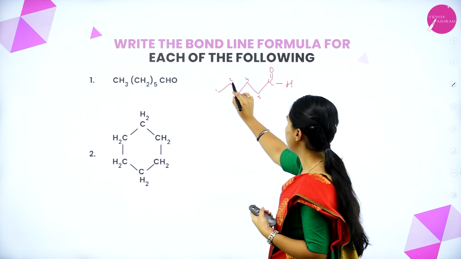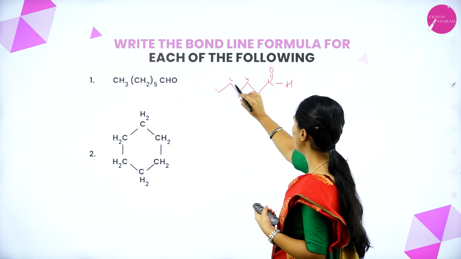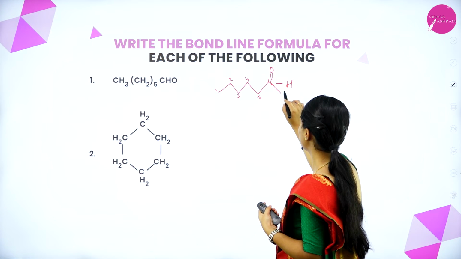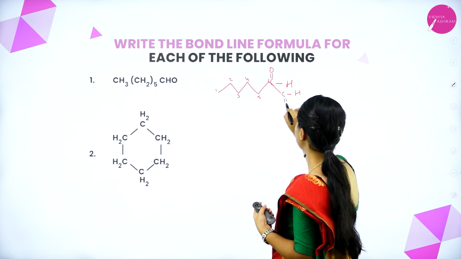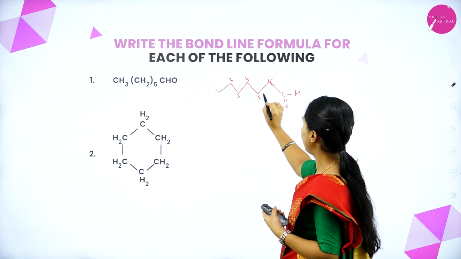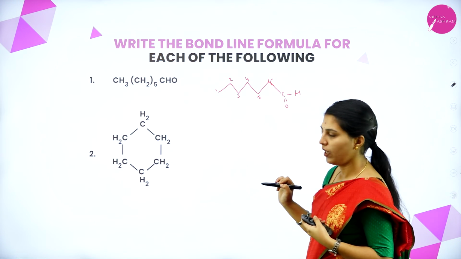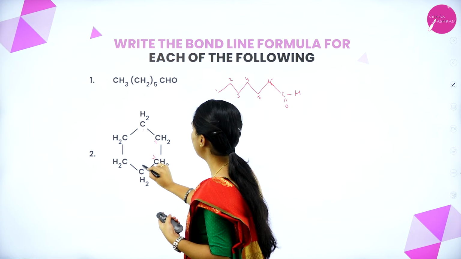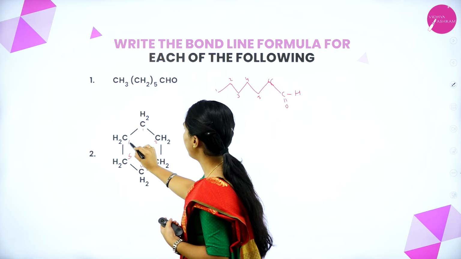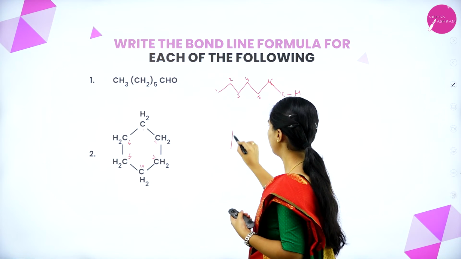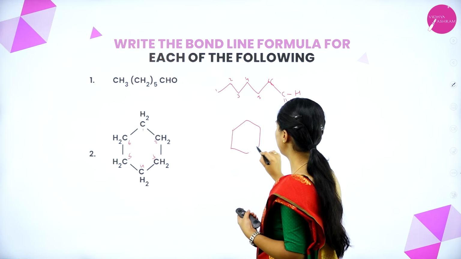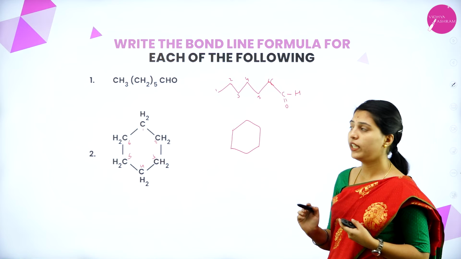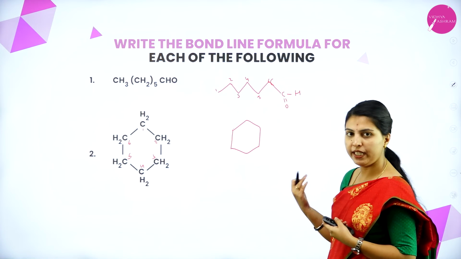Right. CH3, CH2, CH2, CH2. 1, 2, 3, 4, 5. You can write it in this manner. 1, 2, 3, 4, 5, 6. This is C. And this one, how many? 1, 2, 3, 4, 5 and 6. This is how the bond line representation can be written.